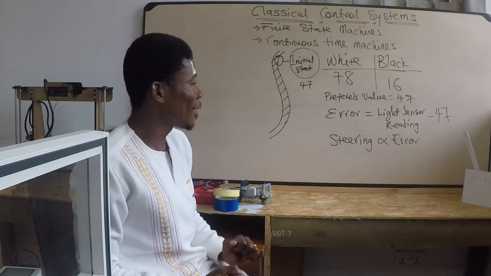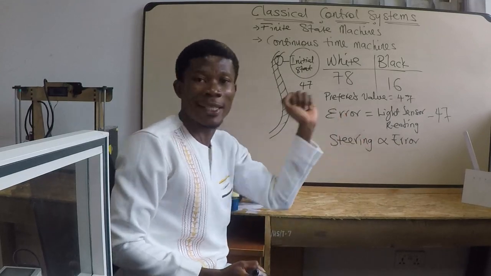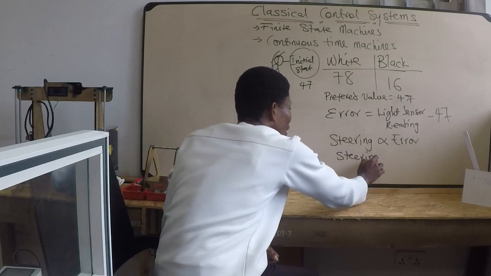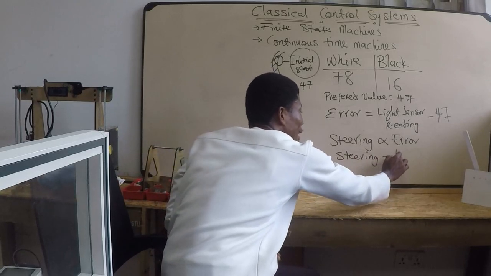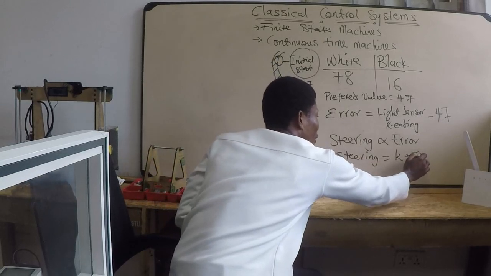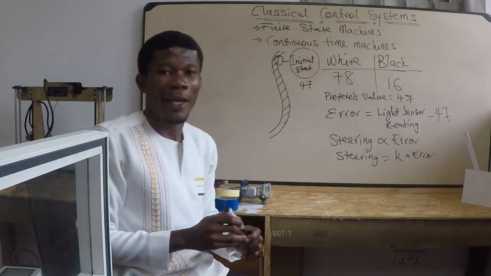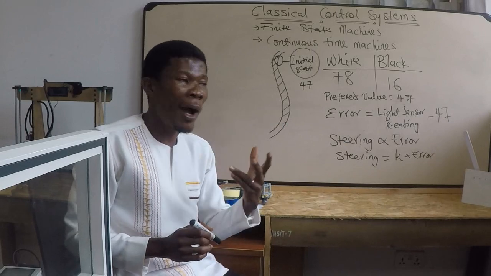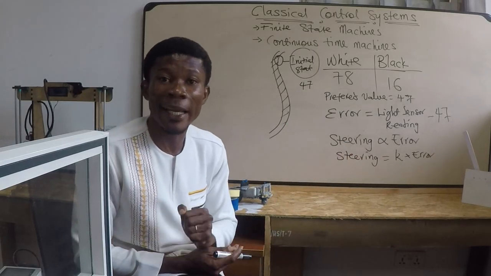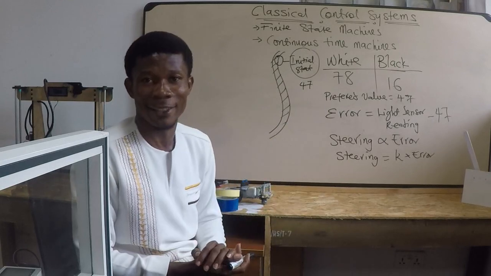To convert this variation sign into an equal sign, we can say that steering is equal to a certain constant k times error. And it is our responsibility to experiment and come up with that constant k that gives us smooth navigation.